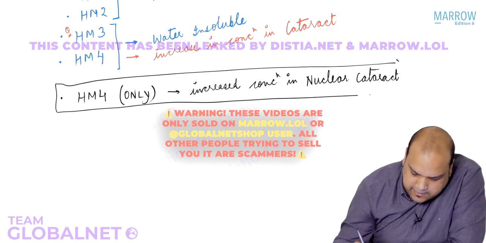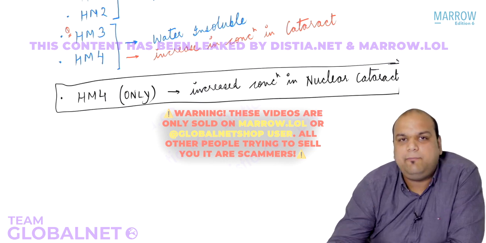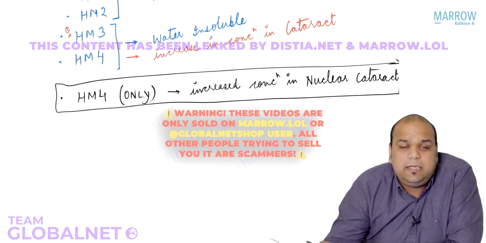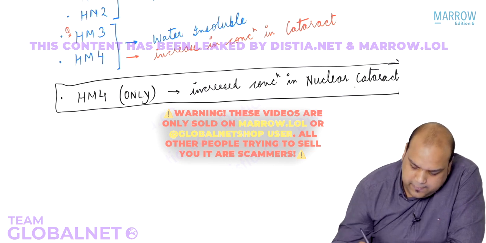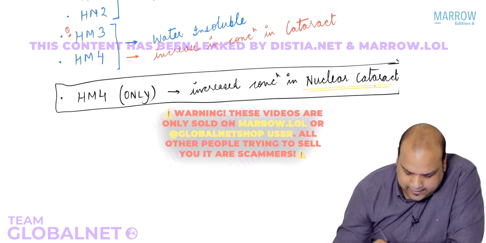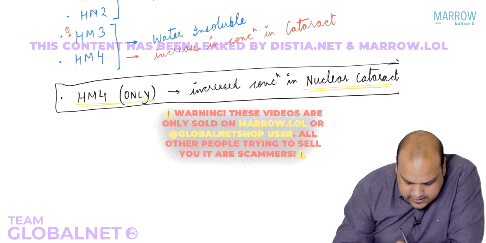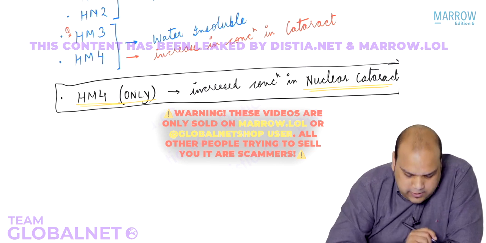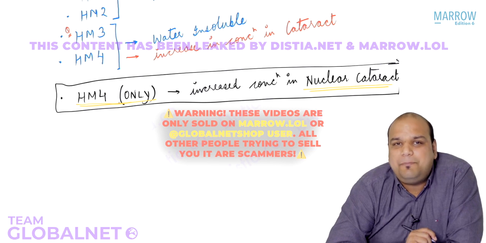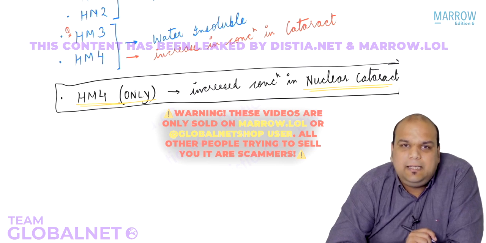So basically, if the examiners want to go one up on the question that they have already asked you, they had only asked in all types of cataract as a generalized statement. Now if they want to be specific, everybody, in nuclear cataract, only HM4 is increased, everybody. Okay? So please do remember this. There should be no confusion again about this, everybody.